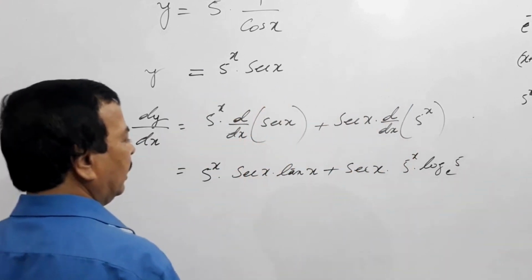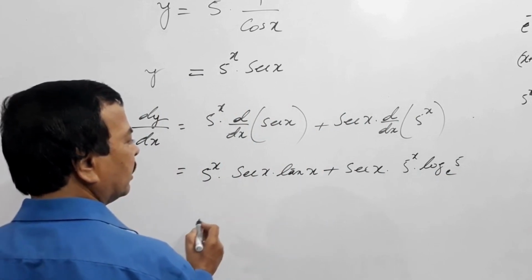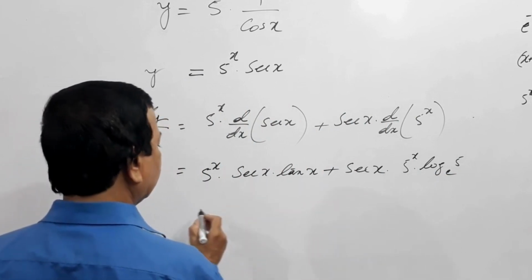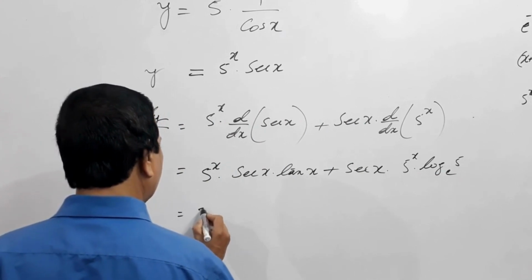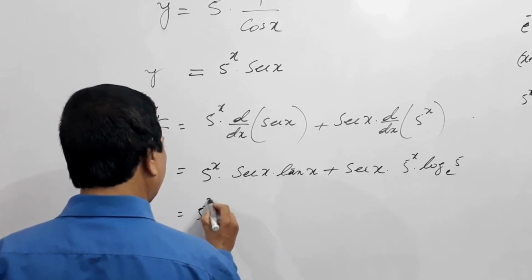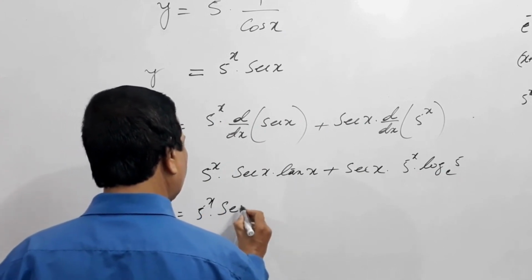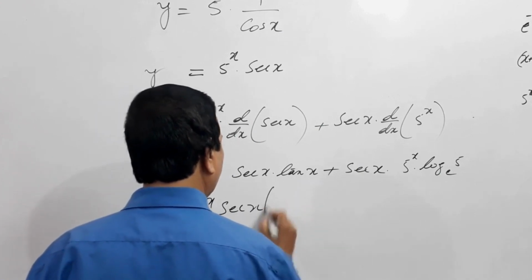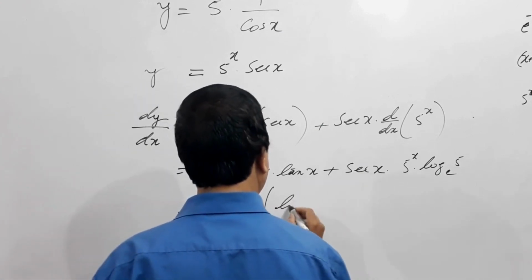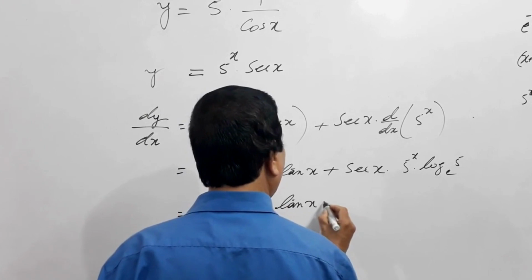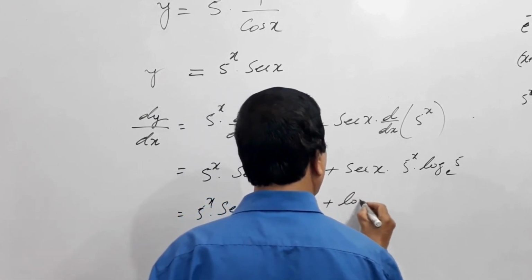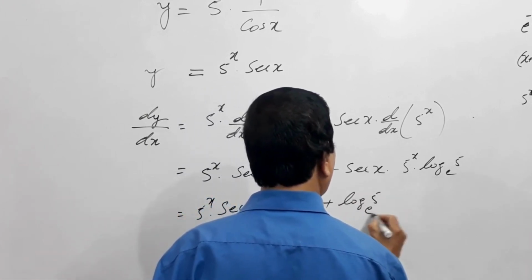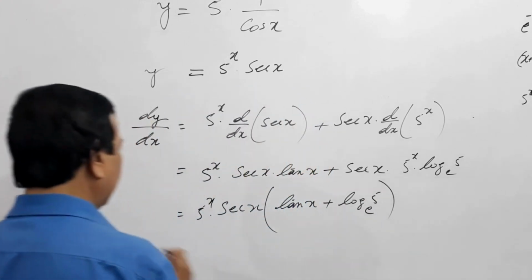So what is common here? Secant x and 5 to the power of x are common, so that is equal to 5 to the power of x into secant x, which we take common. So we are left with tan x plus log 5 to base c.